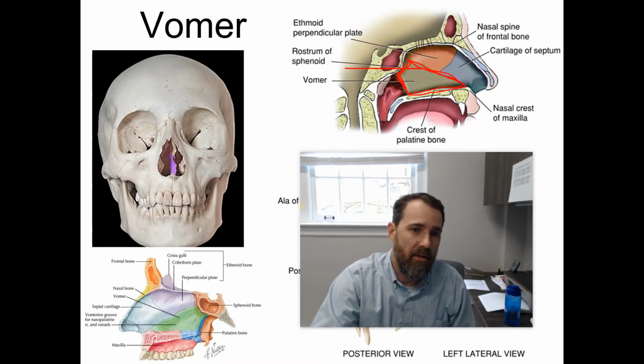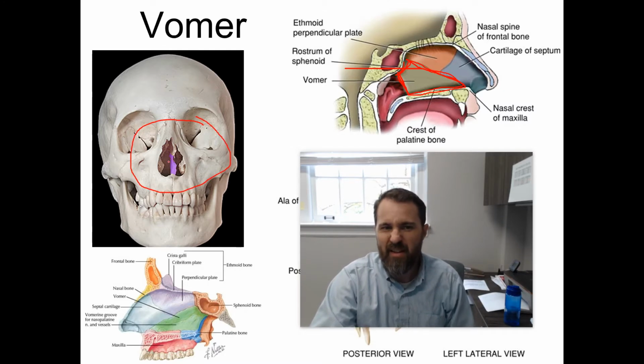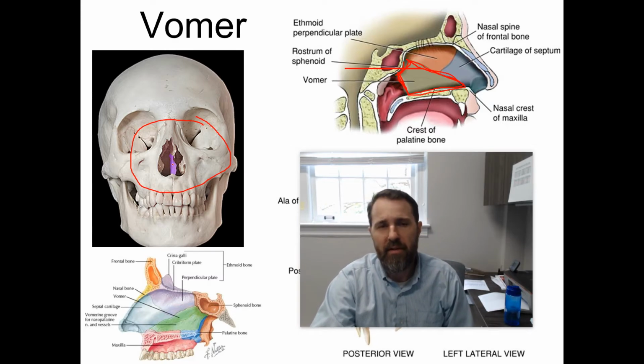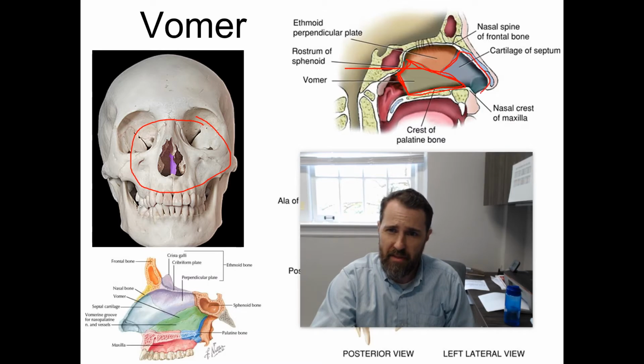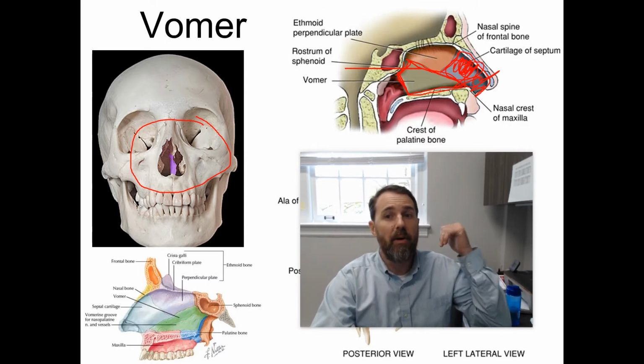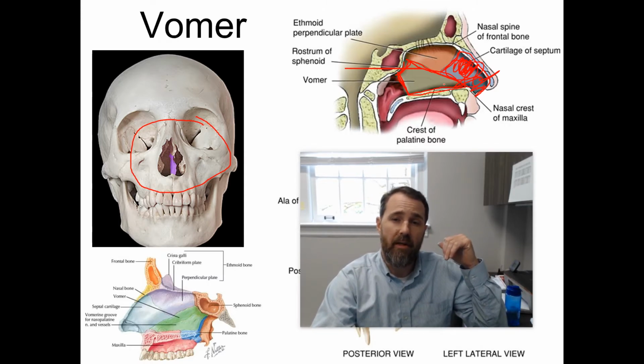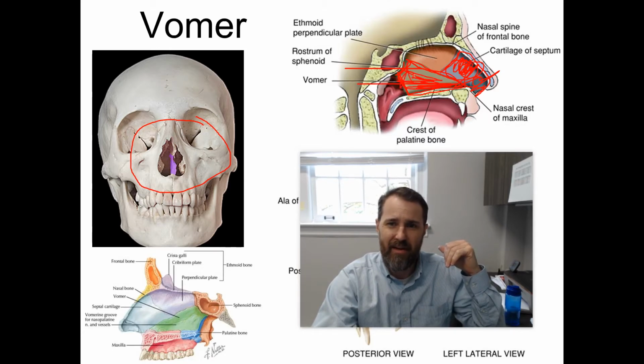If you look at this skull, you can see highlighted in purple this piece of bone that is deep within his nasal cavity. That is the vomer. So the anterior-most section of the nasal septum is cartilage. That's this portion right here. The inferior posterior portion of the nasal septum is the vomer, which is that piece of bone right here.